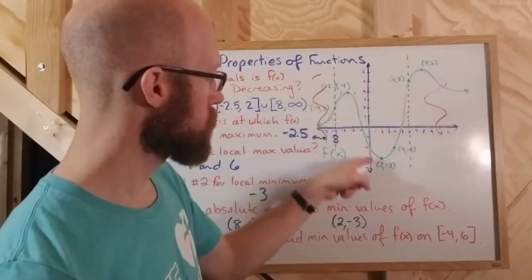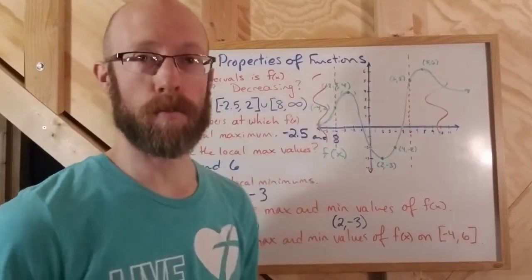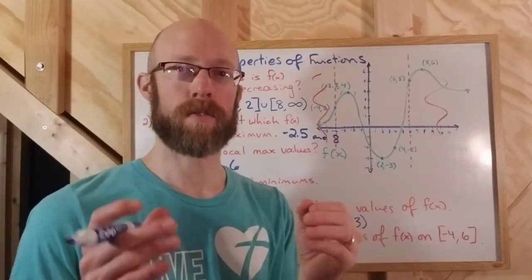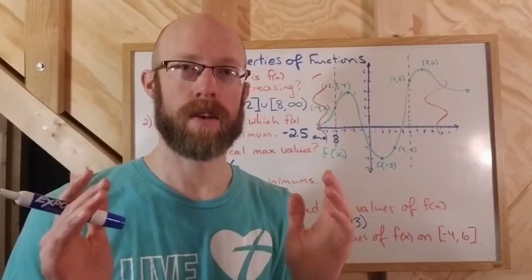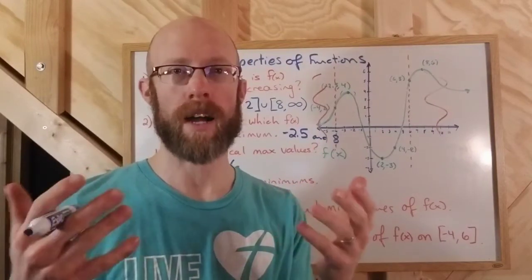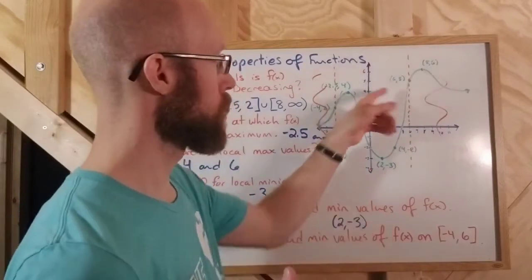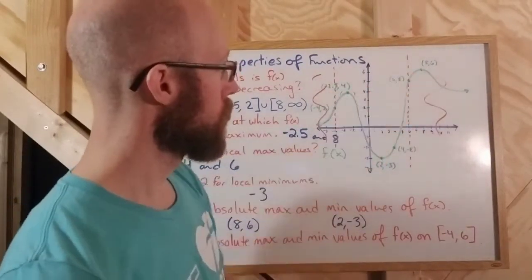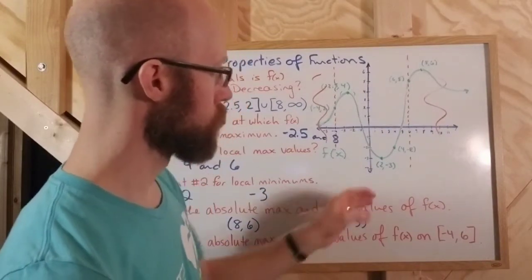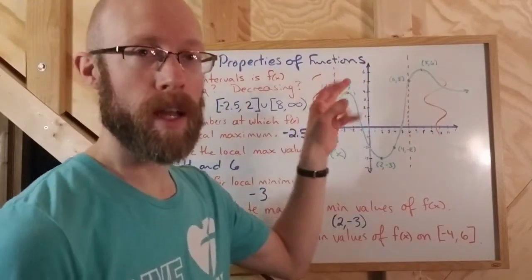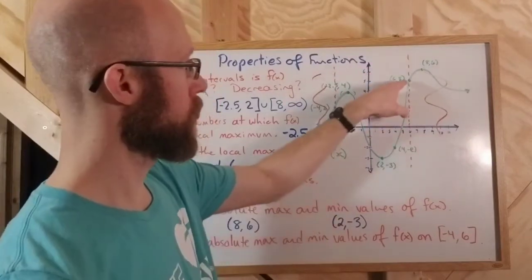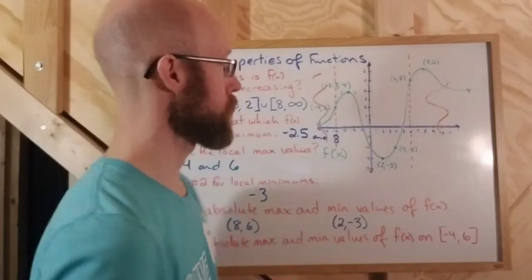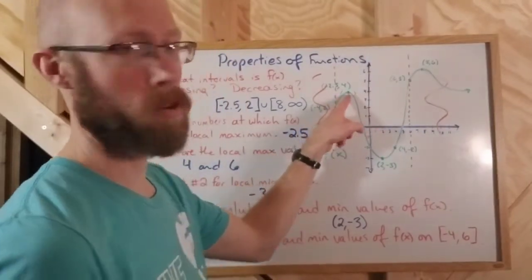Well, absolute maximums can occur on an endpoint, unlike local maximums. Remember, for local max and local mins, you have to be able to find points on both sides that are lower or higher respectively. With an endpoint, you can only find points on one side. So here, the absolute max can occur on an endpoint, and in this case it does. It occurs at the point 6, 5, because that's up higher than this other local max over here.